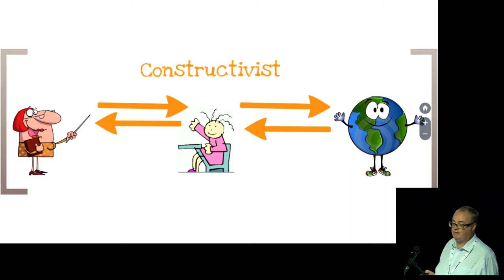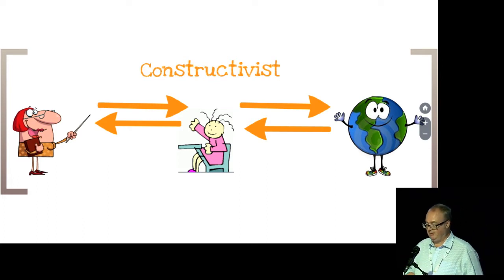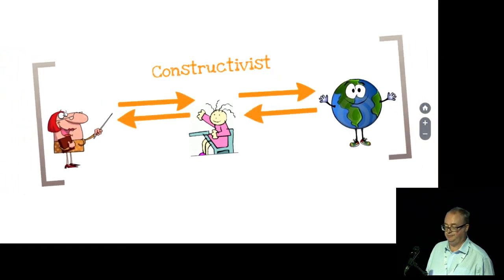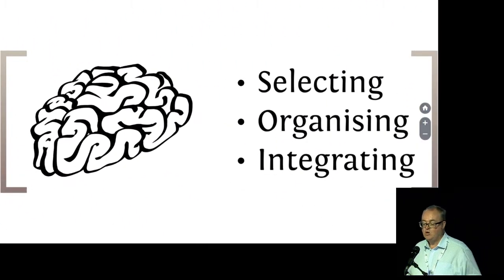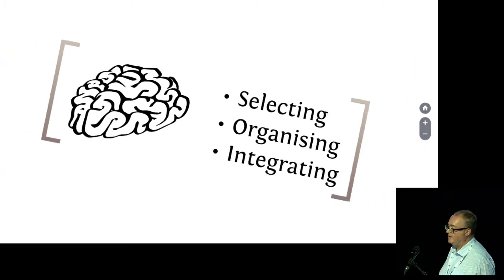It's a two-way process. But it's also an interactive process between the learner and the world, because learners don't come as blank books or blank cassette tapes. They have some prior knowledge, and they have to take what they're being told and fit it with what they already know. So the process of learning becomes the process of selecting, organizing, and integrating information with what you already know.